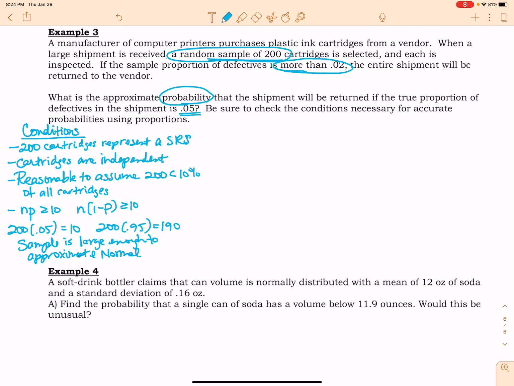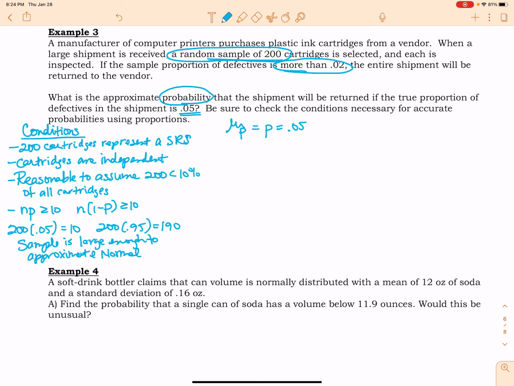Once I determine that, now I've got to find my parameters. So that means I am going to need the mean, or the average, and it is going to be equal to p. You can also think of this as the center, so that we don't get confused later when we start talking about quantitative data and means versus proportions.